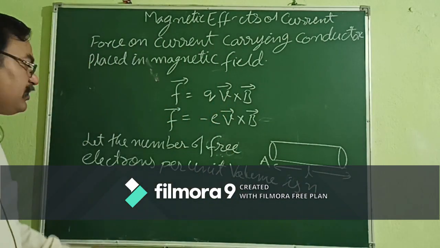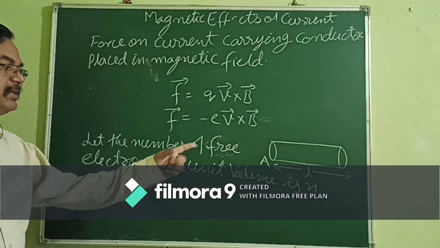So we have taken the number of free electrons per unit volume as n.